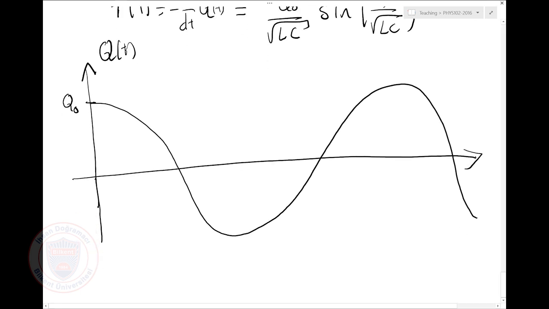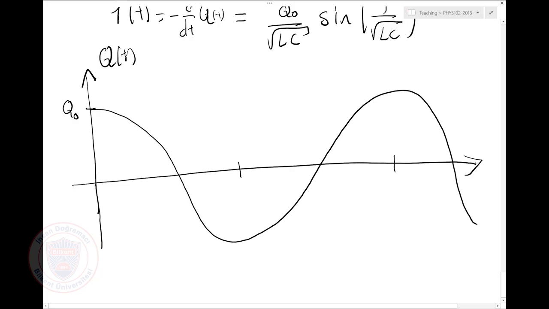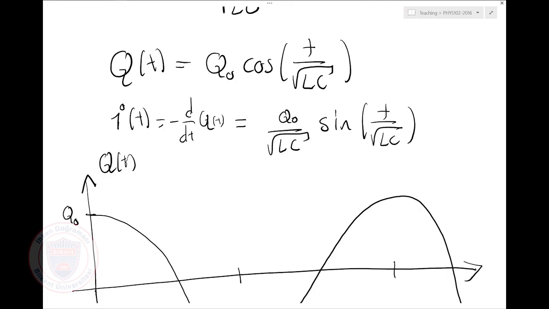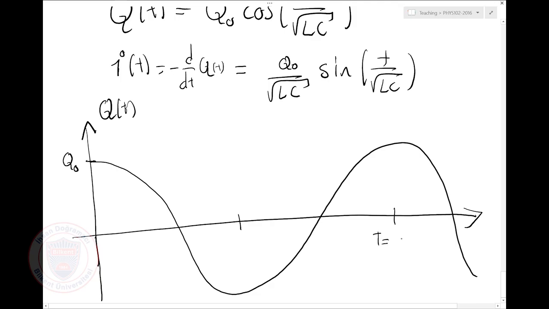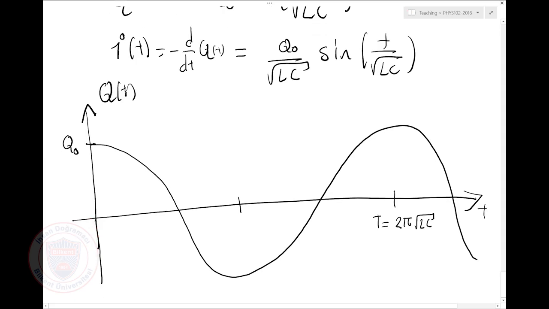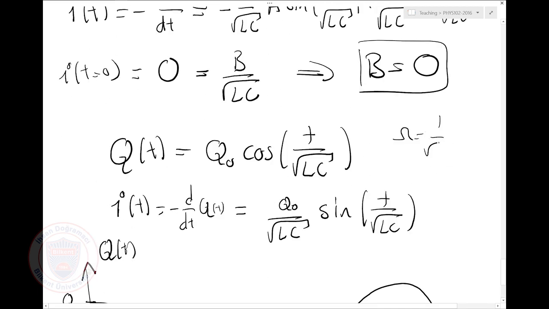Okay. And when does cosine repeat itself? When what's inside is equal to 2 pi, right? So what's the period? The period is going to be 2 pi times square root of LC, okay? Because the frequency omega is 1 over square root of LC.